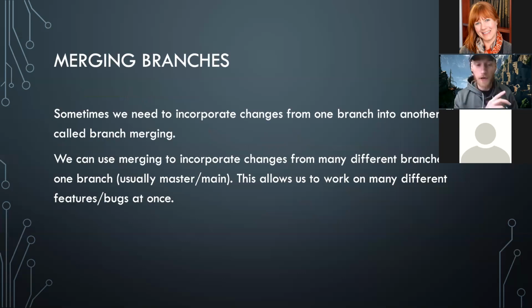To combine these, we would do what's called a merge. Merging branches incorporates changes from one branch into the other, and we can use this to work on many different features or bugs at the same time.